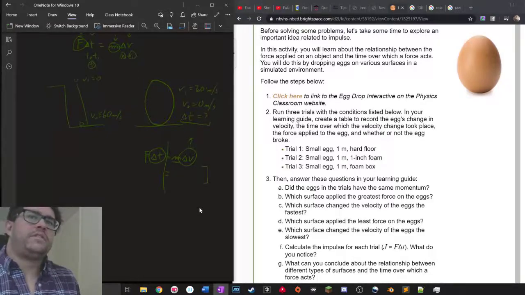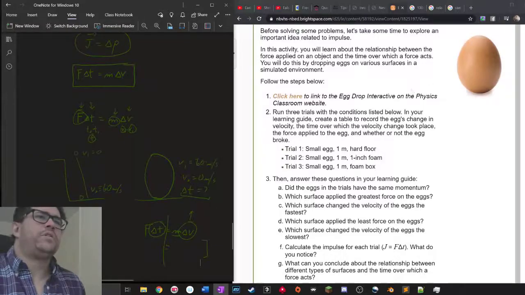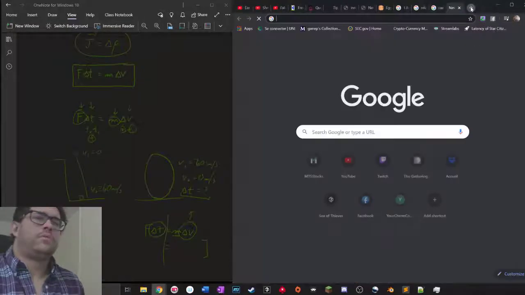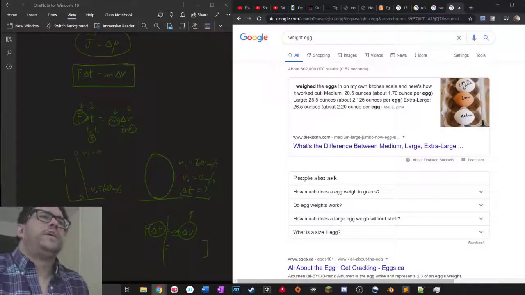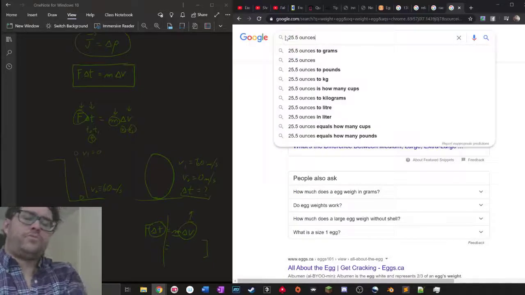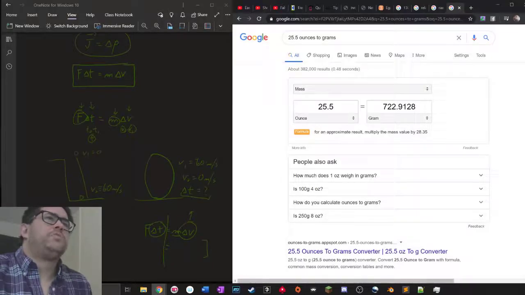So a problem like this tells us that if we know the mass of the egg, do we know the mass of the egg? How much does an egg weigh? 20 ounce. Large header. And it will convert ounce to gram.